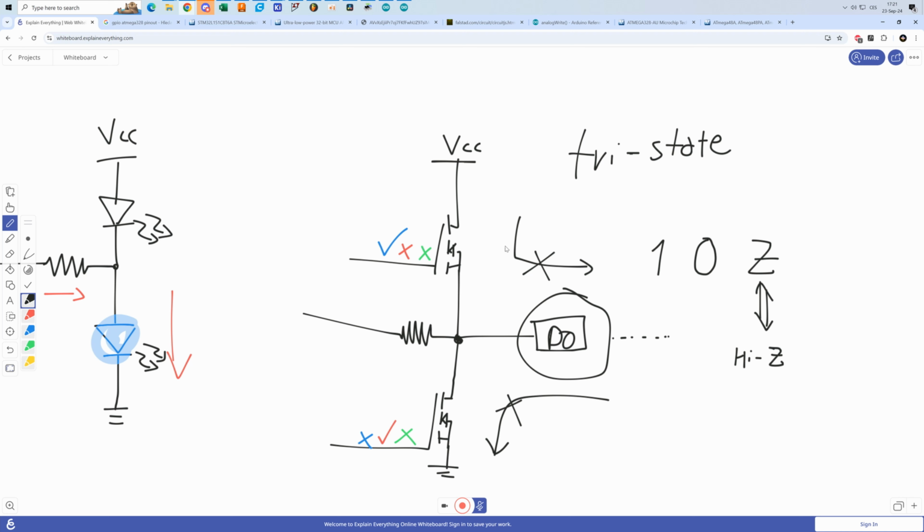So basically, once the pin is left in high Z, it means that the microprocessor is no longer controlling the pin state, but some other device that is connected to the pin will actually control the state on the pin, and we still want to know what's the state on the pin, so that's why we still read it.